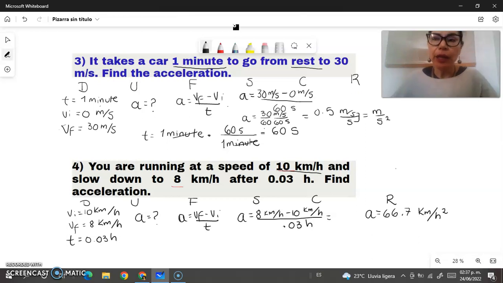Okay, so we have to round the result to tenths. We are not using all the decimals, we only round it to tenths. Okay, so this is the result, and of course we are missing our negative sign here. Minus 66.7 kilometers over hour squared.